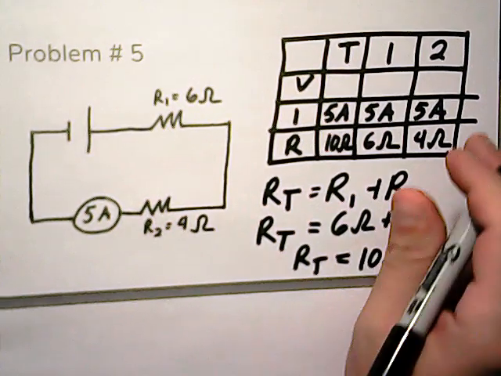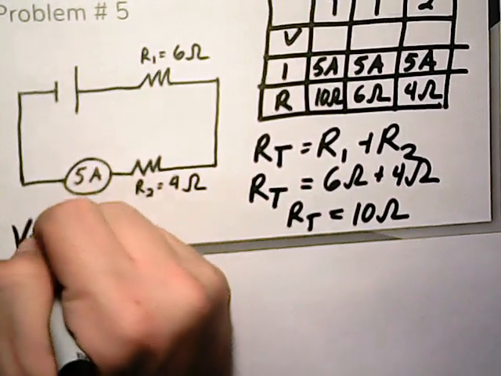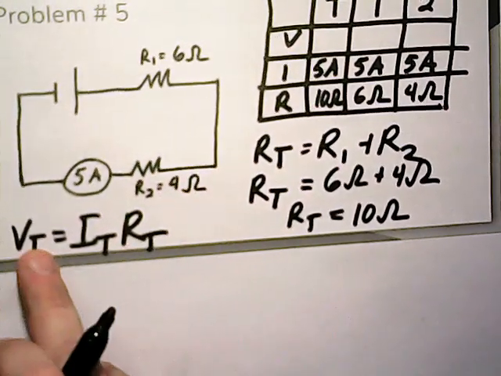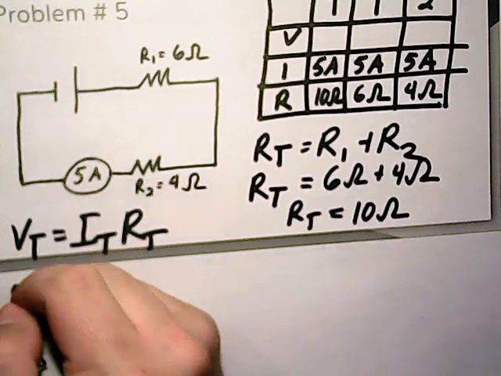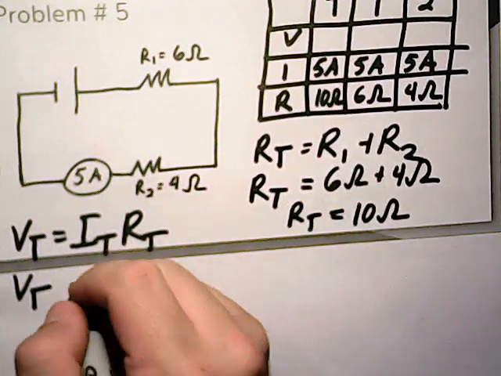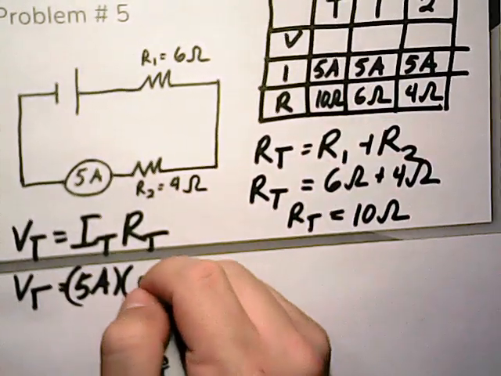Okay. Along the top, V total is equal to I total times R total. V equals IR. So our V total is going to be our current times our resistance. 5 amps times 10 ohms.